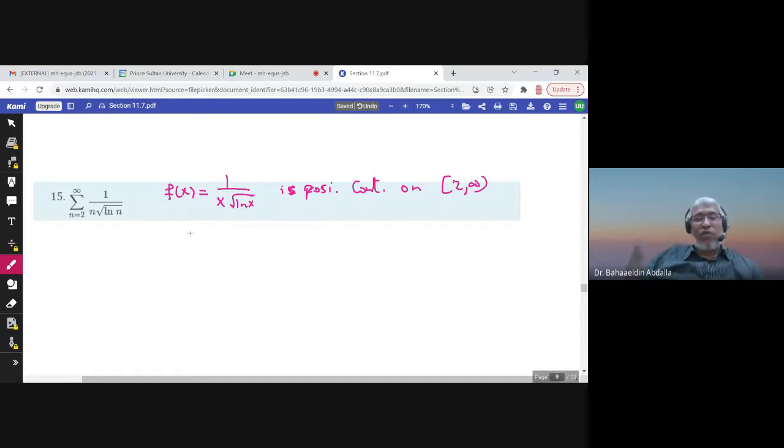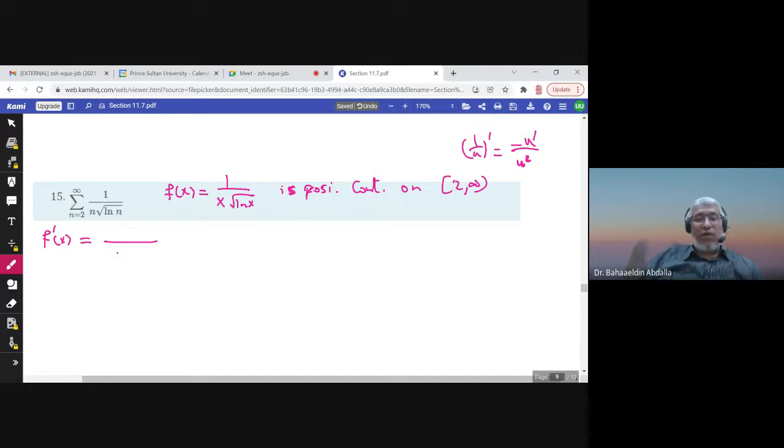But now I need to prove that it is decreasing, so I need to find f prime of x. And for finding f prime, I'll use the formula that derivative of 1 over u is negative u prime over u squared.